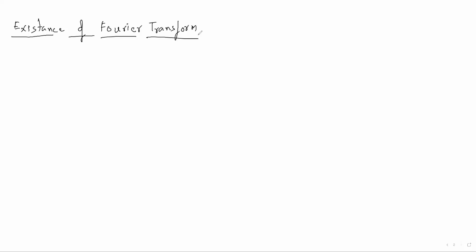So the existence of the Fourier transform is given by the Dirichlet conditions only. What are called the Dirichlet conditions? I have already given the definition when I explained the Fourier series. Let me give it once again.